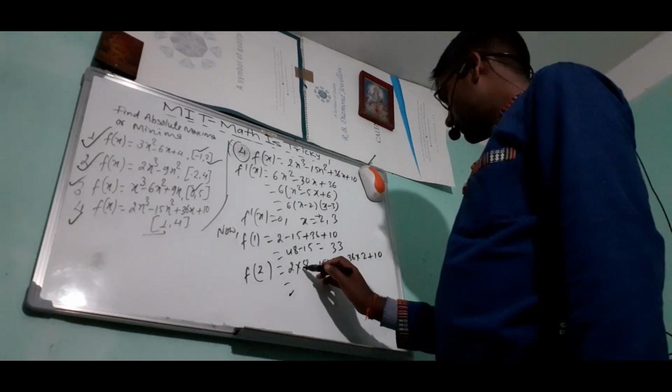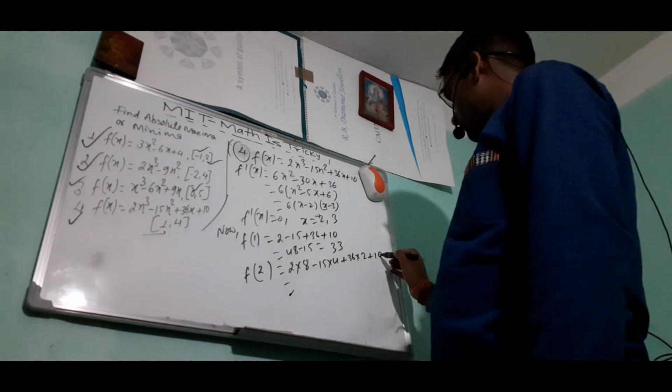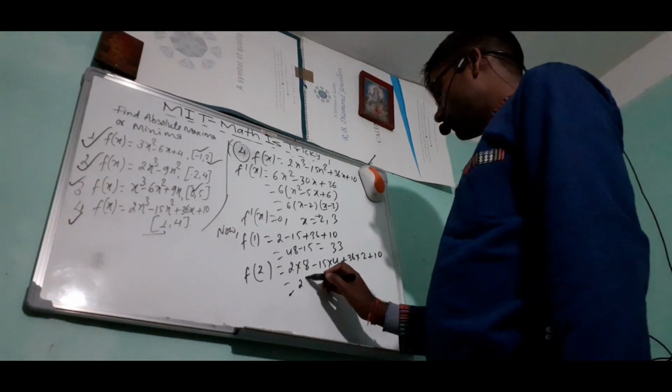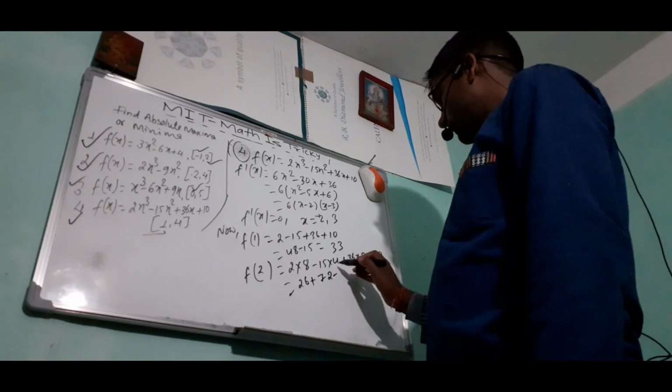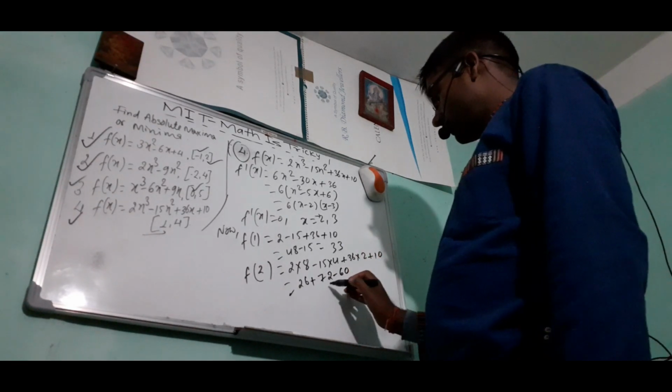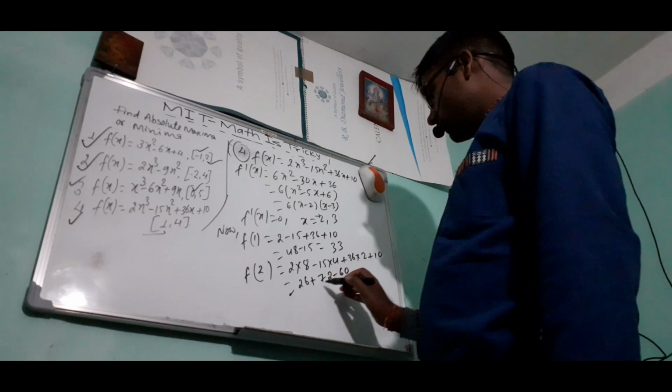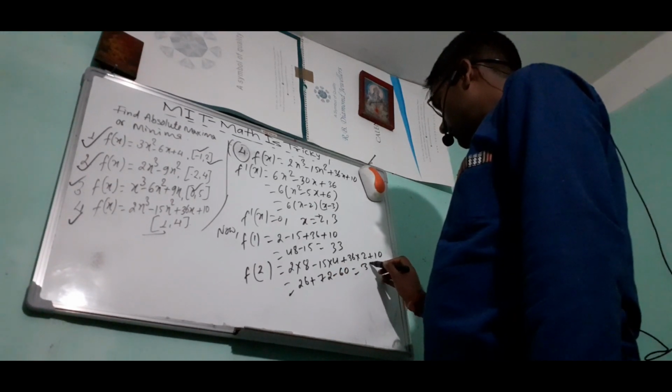It is 16 plus 10, 26, plus 72 minus 60, which is 38.